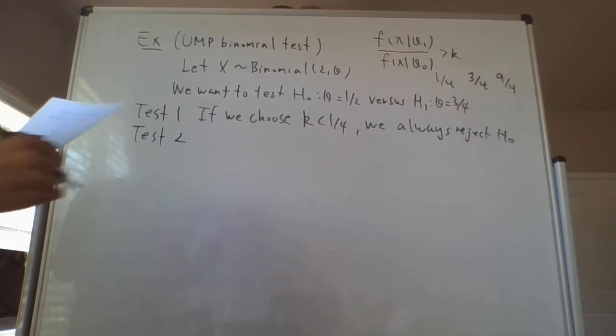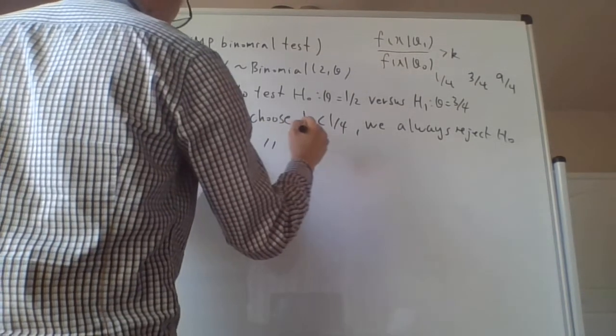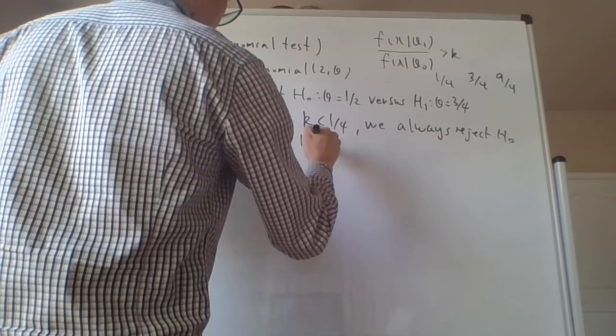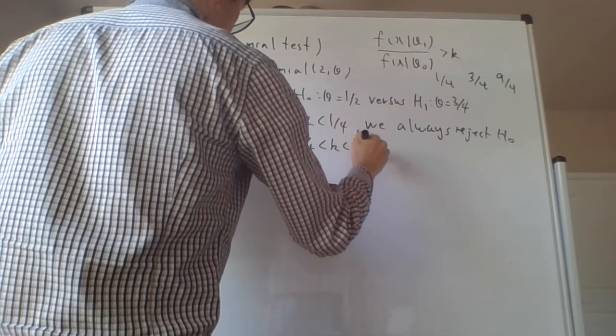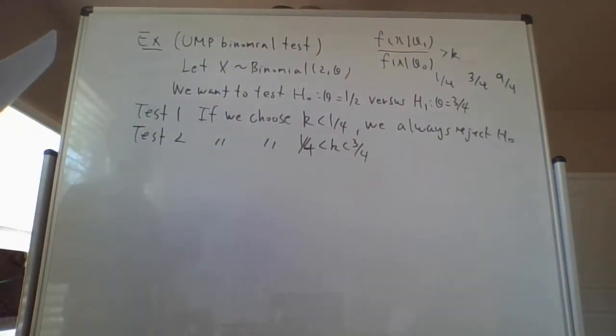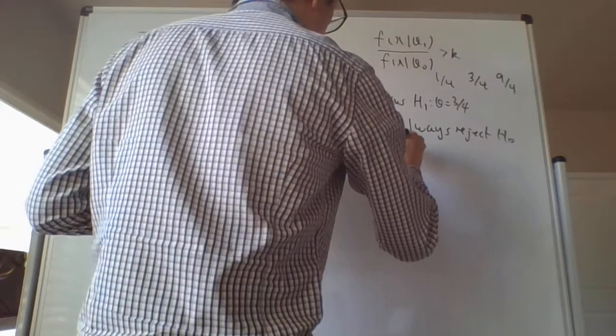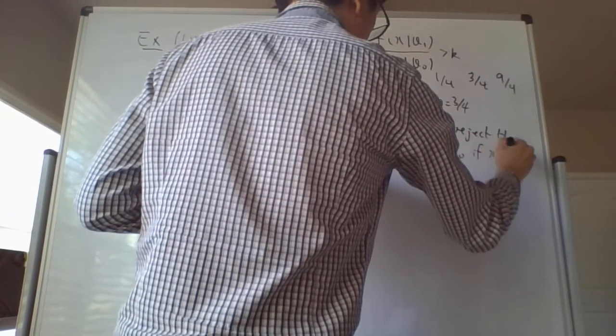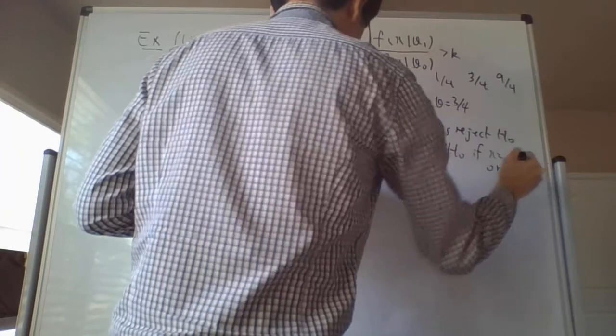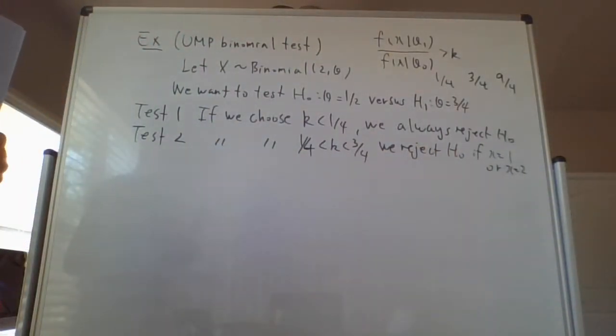And for test 2, we choose k between 1/4 and 3/4. Then we reject H0 if x is equal to 1 or x is equal to 2.